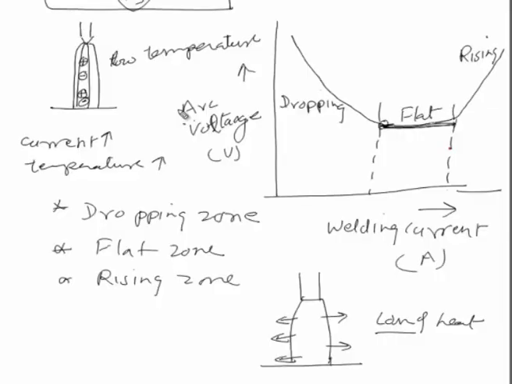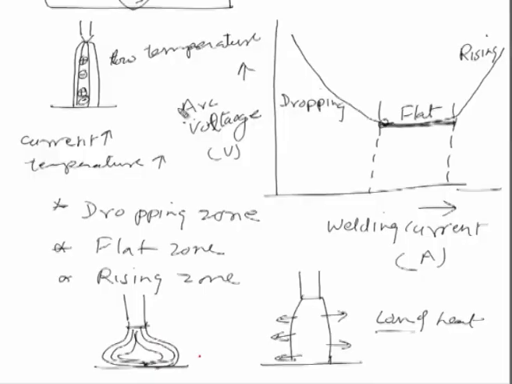And if we talk about the third region, where an increase in welding current beyond a certain limit starts to distort the shape of the arc in this manner, this leads to increased arc length. Increased arc length means increased distance to be covered by the current flowing from the electrode side to the workpiece.